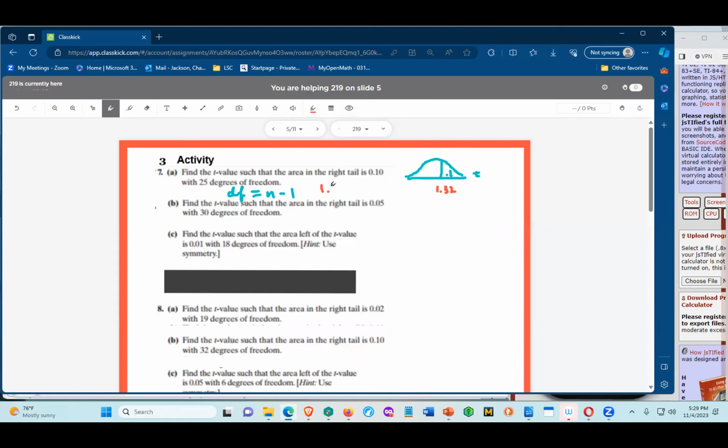And that's the answer there. And we had to use inv t to do it in the calculator. And we had to do a little math to figure out that it's 0.9 in the left tail. And so that's how to do it with the TI-84.